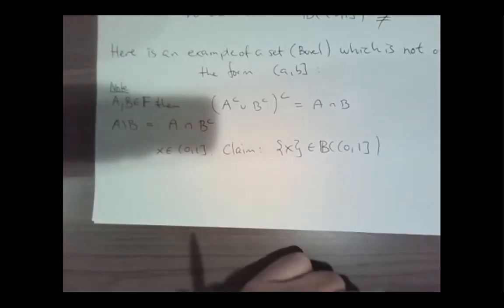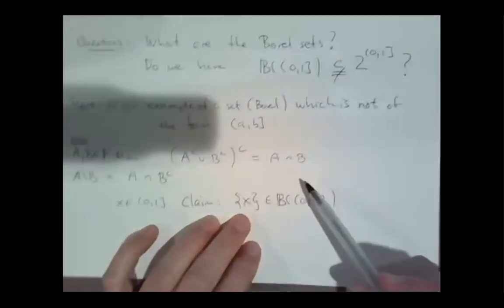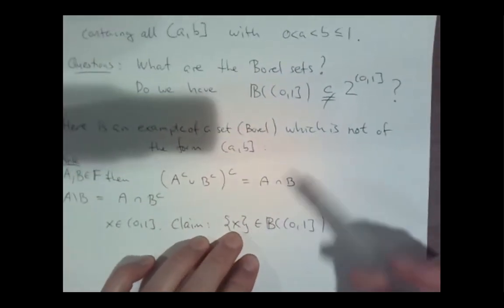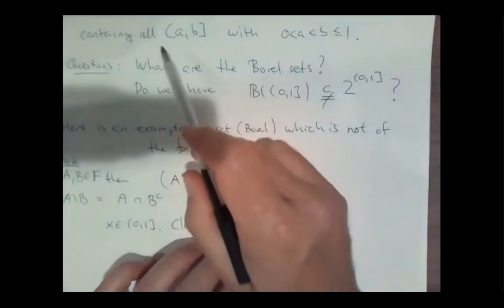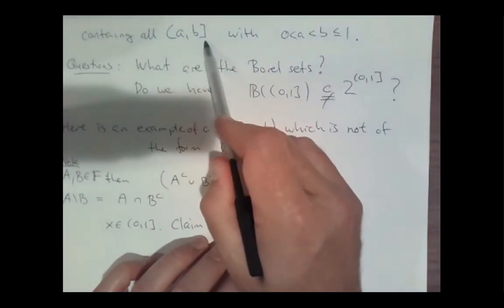And this set doesn't have that form. I can't write a singleton as a half-open interval. That's not possible.